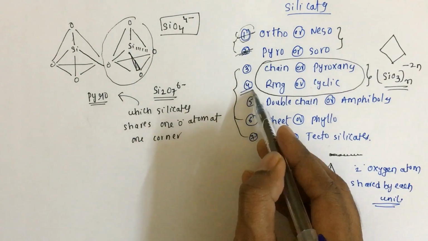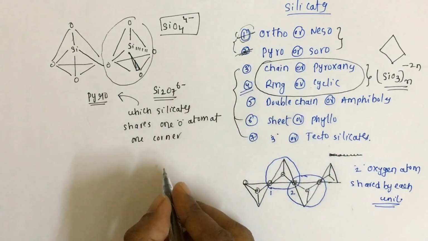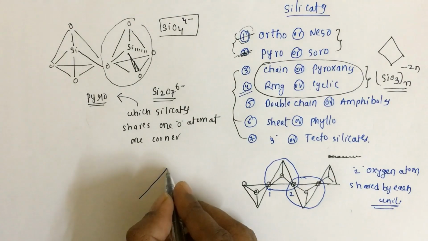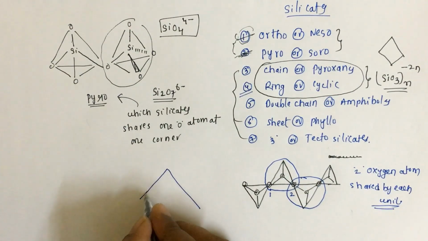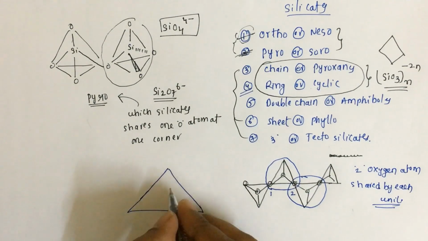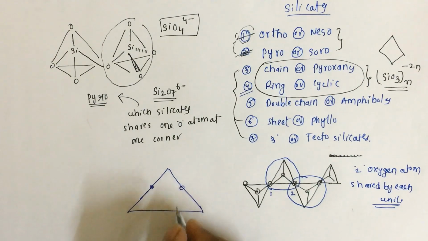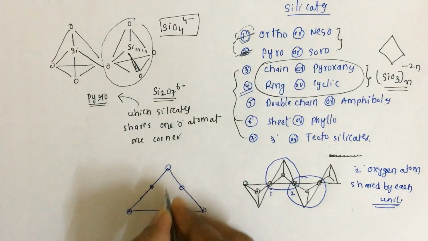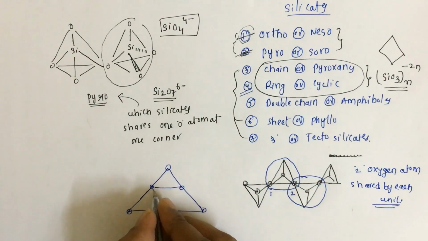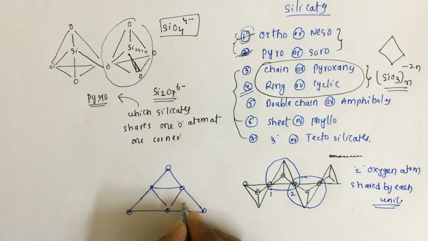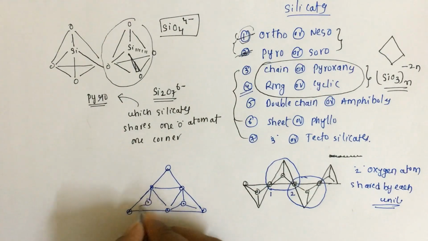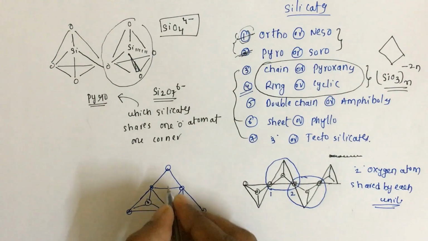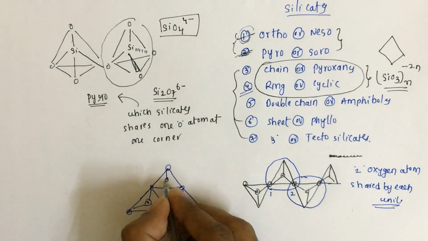And the ring silicate is also the same, but it exists in ring form, like this. The dot in the middle is a silicon atom.